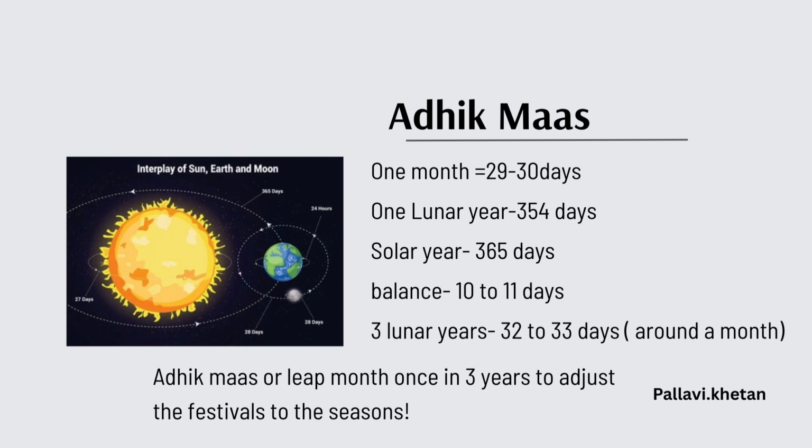So for 1 year it is not a big deal, but once you are completing around 3 years, the gap will be around 32 to 33 days, which is almost a month. So what is done is that in 3 years, a whole month is adjusted into the cycle. So now that whole extra month is known as Adhik Maas or leap month.